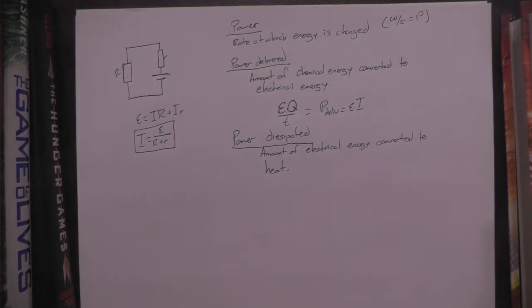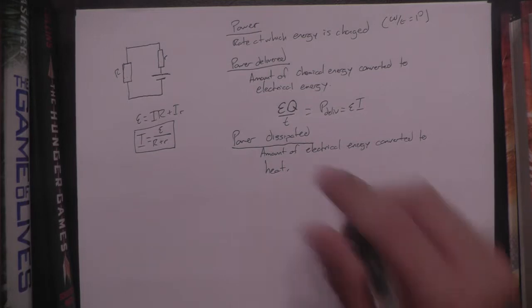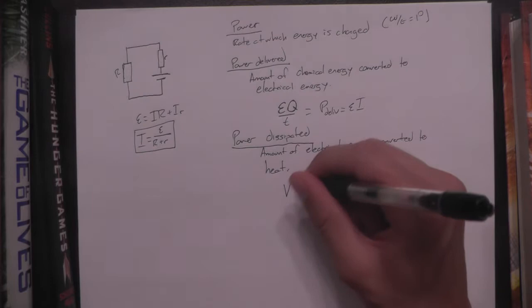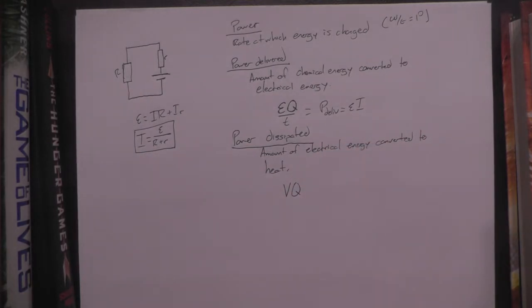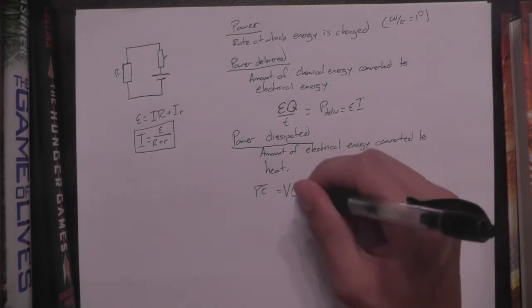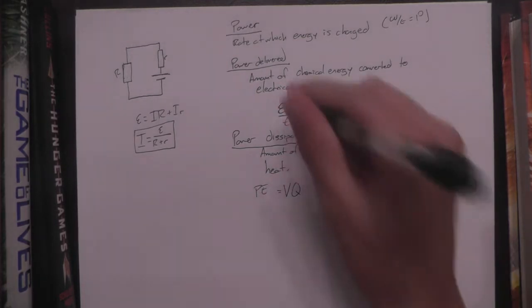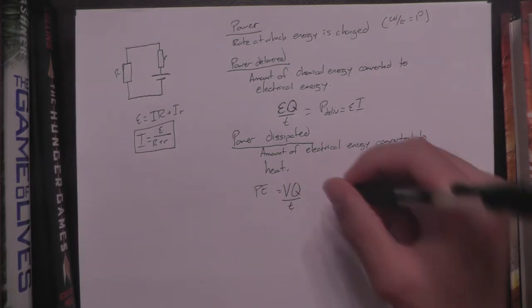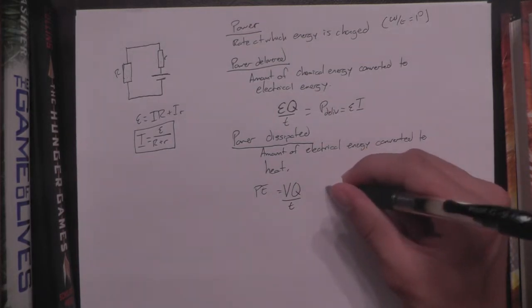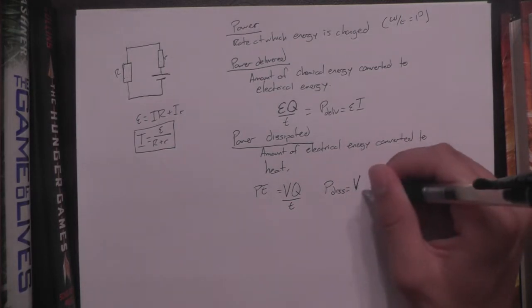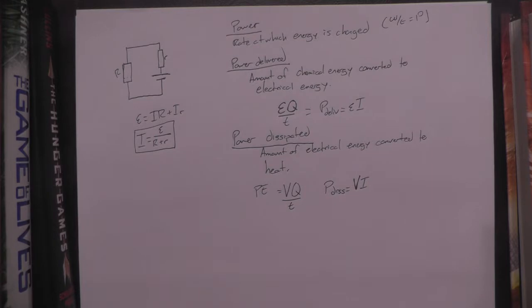And like I already told you, that's the potential difference, the combined potential difference of the resistors, which we represent with V. And so, same concept, V times Q is going to be that total amount of energy, because if you remember, the potential energy equals the potential difference times the charge. Same concept is up there. And then as a rate over T, Q over T is current, so the power dissipated equals the potential difference of all the resistors multiplied by the current.